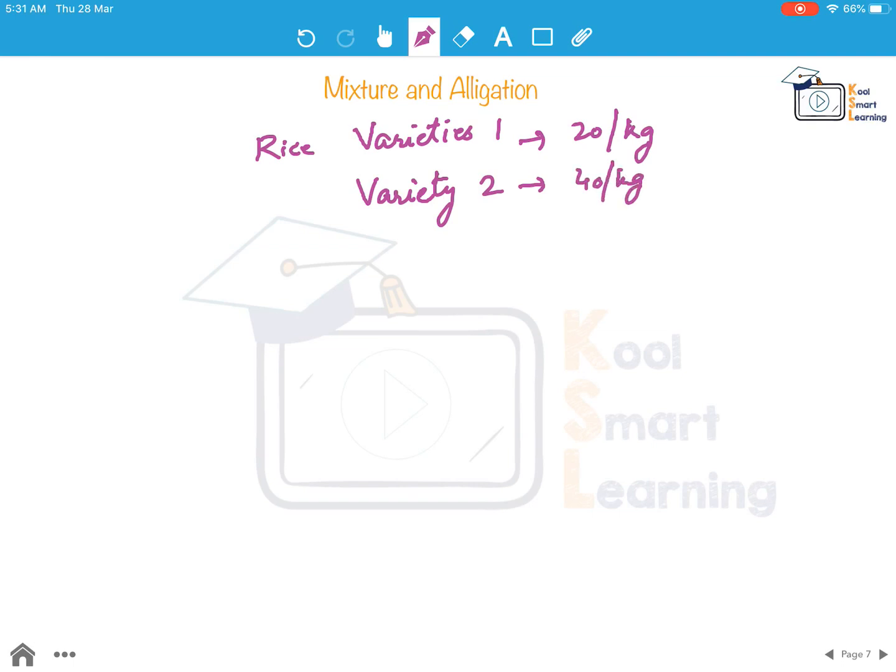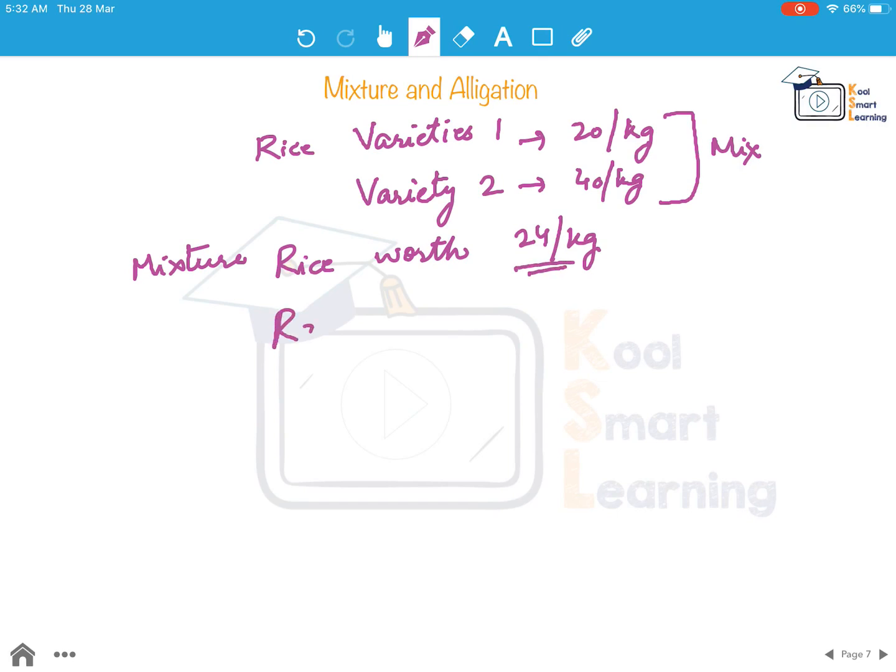Right, so we mix these two and we get rice worth, this is the mixture rice, worth 24 per kg.